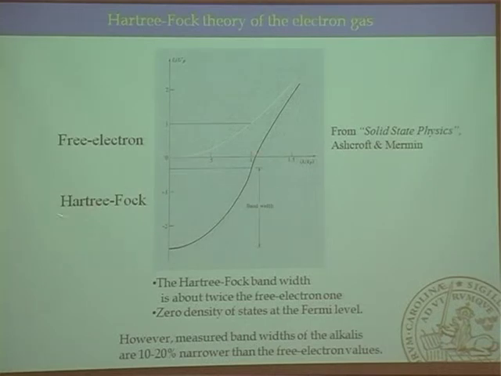And as you know, Hartree-Fock has a problem that when you calculate the density of states, there is a logarithmic singularity, and it gives you zero density of states here. Now we know from experiments on the alkalis that a free electron approximation is quite a good approximation to the photoemission spectra.